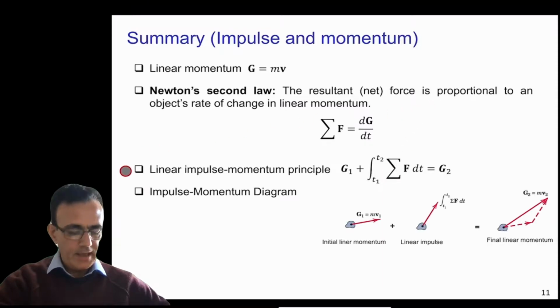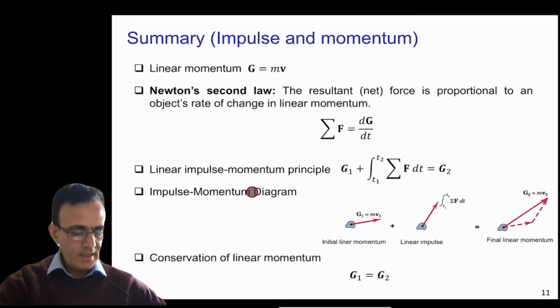We also introduced the impulse momentum diagram, which is just the graphical representation of the impulse momentum principle: g1, which is mv1, plus the impulse, which is the integration of the forces with respect to time, equal to the final linear momentum, which is g2, which is mv2.